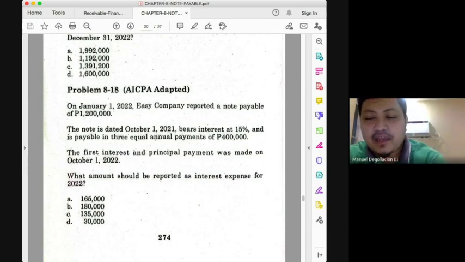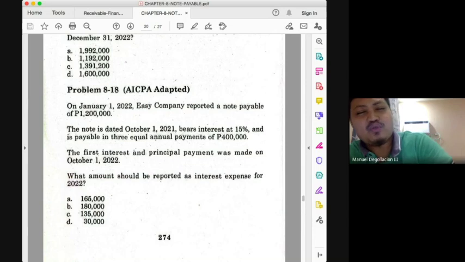So what does that mean? The 1,200,000 will only be earning interest from January 1, 2022 to October 1, 2022. So that is good for 9 months. So the 1,200,000 will be earning interest at 15% for 9 months.